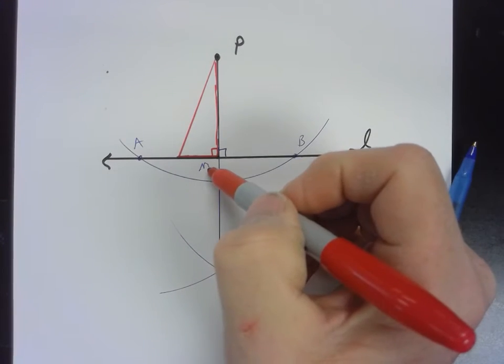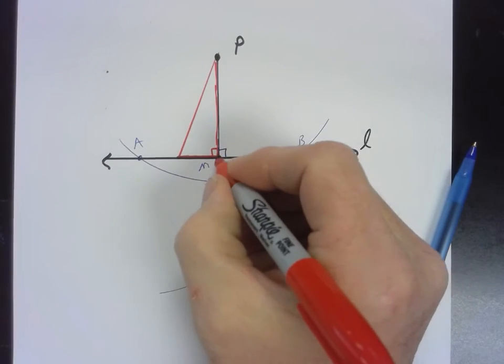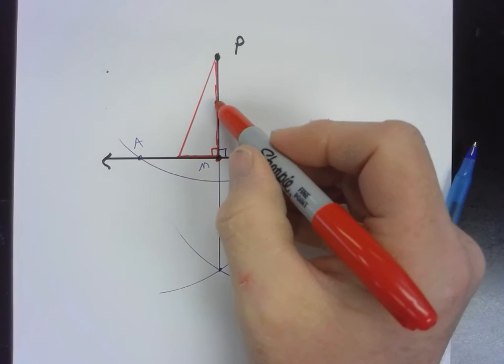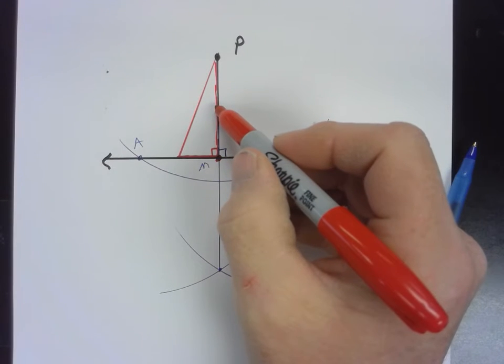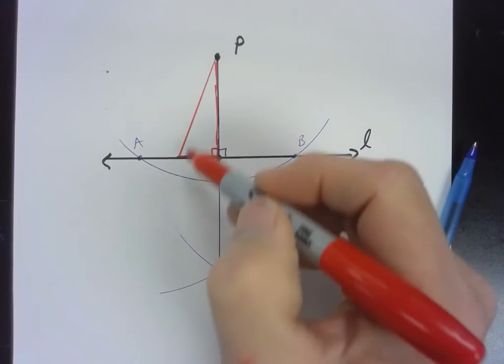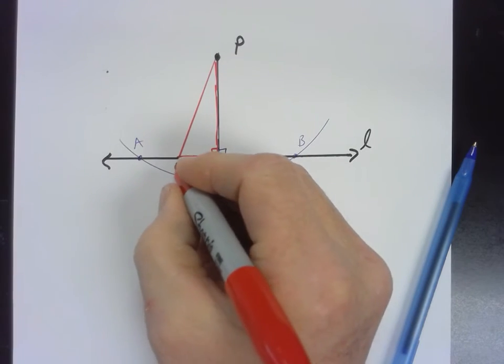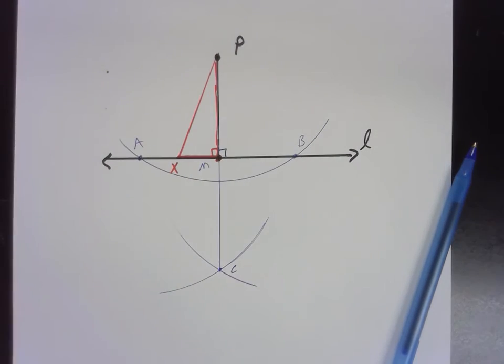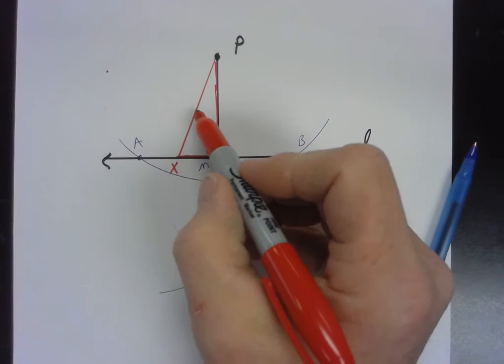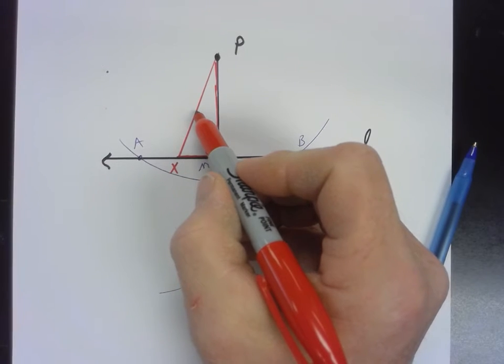PM, from P to M, that segment right there, that's a leg of the right triangle, isn't it? And P, I'll call it X, PX. Which side of the right triangle is that? The hypotenuse. In any right triangle, which is the longest side? The hypotenuse. The hypotenuse is always longer than either of the legs, isn't it?